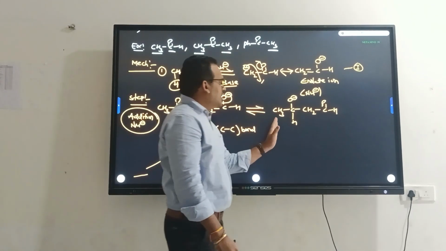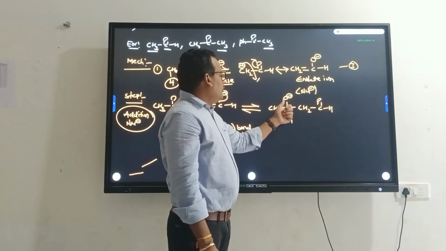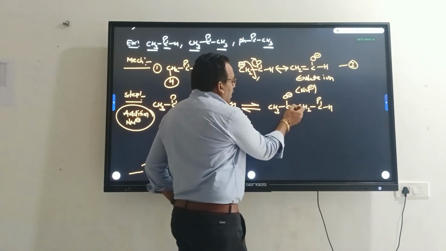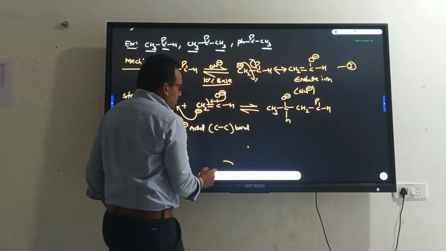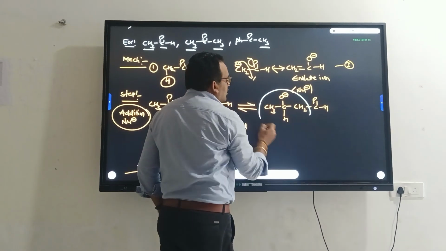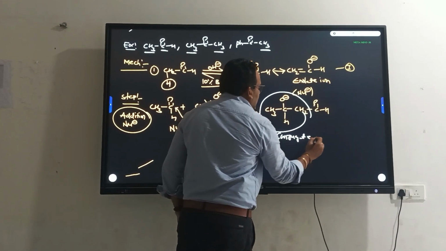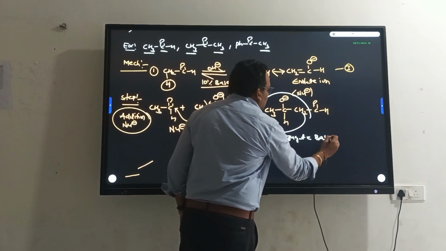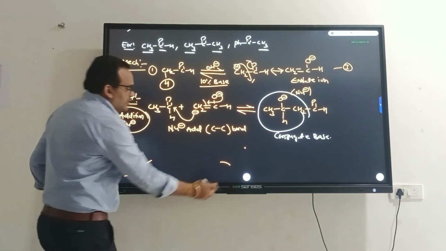Here you will get CH3 C double bond O and C O minus, and this one will act as a conjugate base. This conjugate base will abstract the proton from the water molecule.